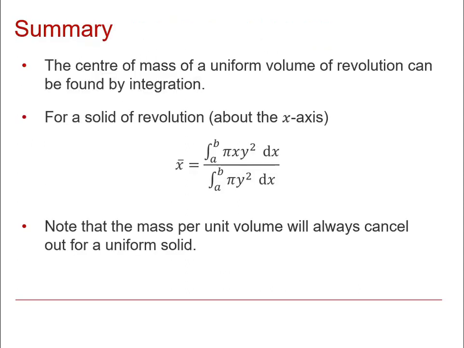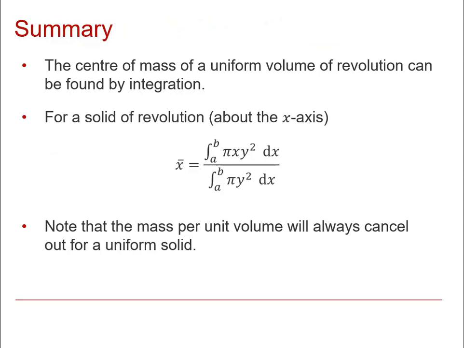Well, let's sum that up. It's very much a repeat of what was done for areas with the usually occurring simplification that you don't need to work out one of the coordinates because it will be obvious from symmetry. So to get at the centre of mass of a uniform volume of revolution, we can do it by integration.